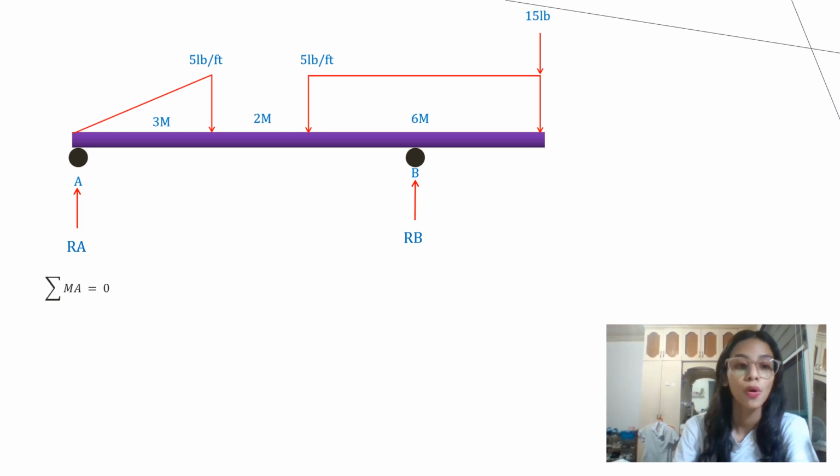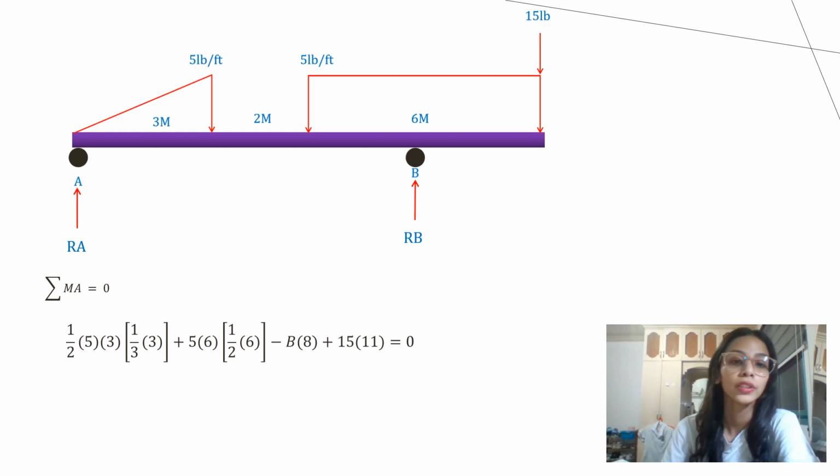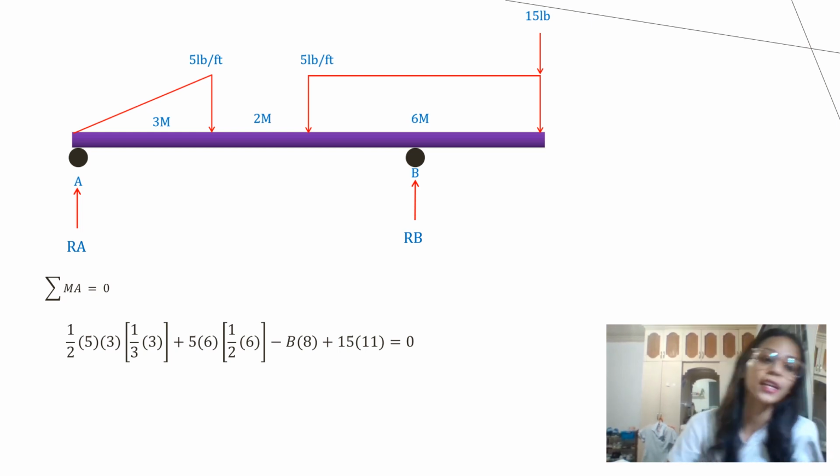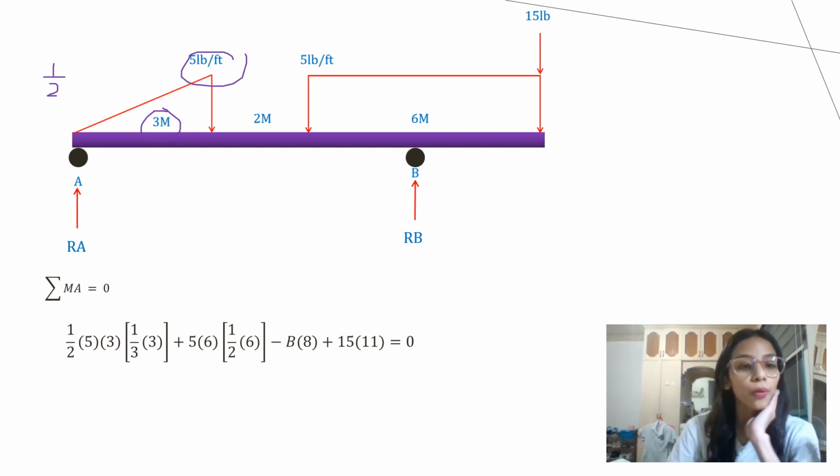So we take the moment first at point A. The area of the triangle is 1/2 times base times height. So this is our base and this is our height.